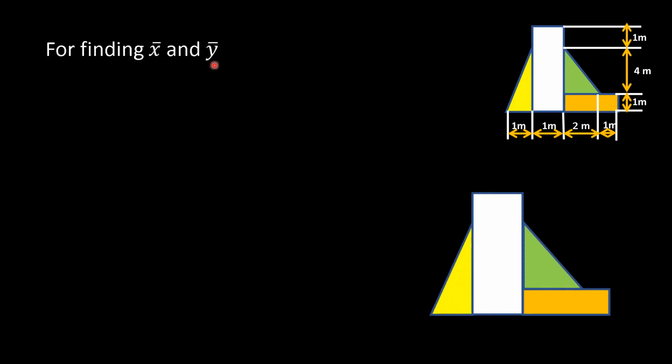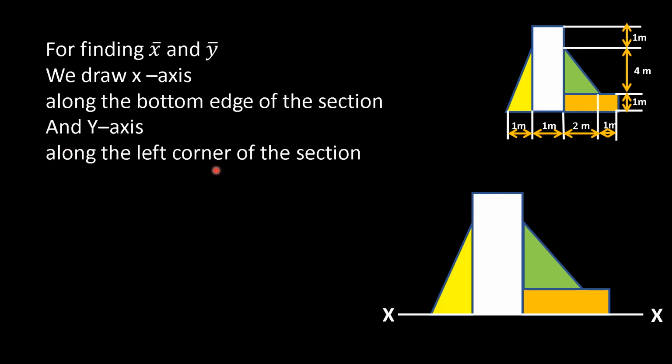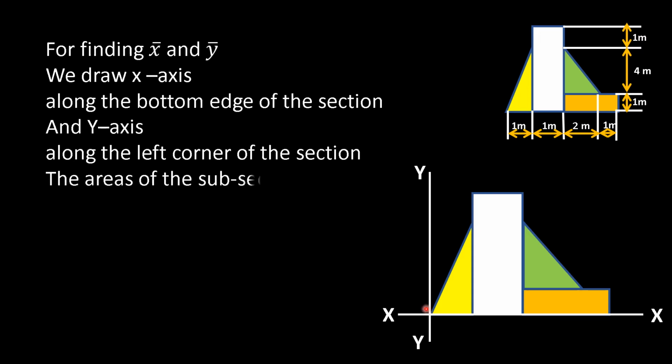For finding x bar and y bar of this section, we draw x-axis along the bottom edge of the section here and y-axis along the left corner of the section like this.